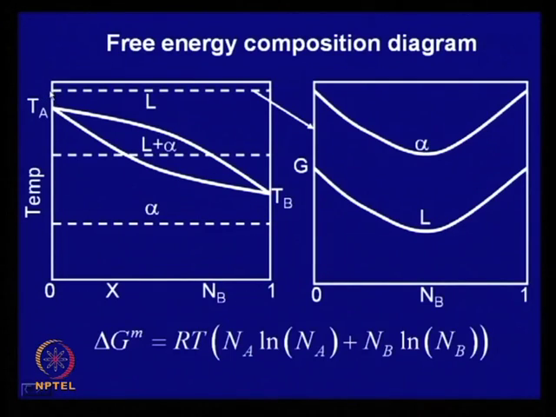Let us consider an ideal system, we will come back to it again. What do we mean by ideal system? Let us consider at this temperature the free energy composition diagram. Now, here if you try to plot this free energy composition diagram, this will come out to be here.